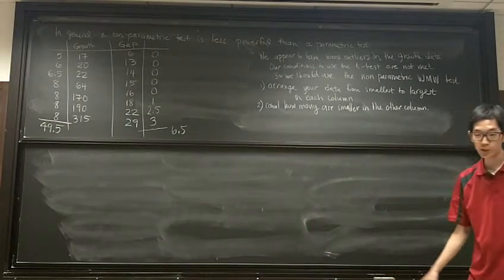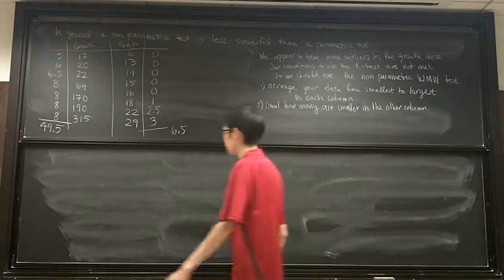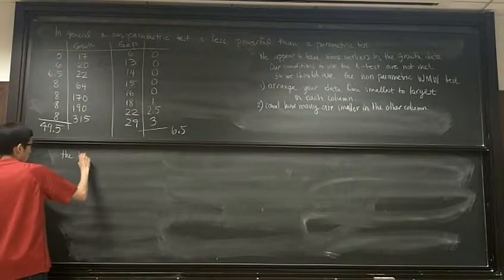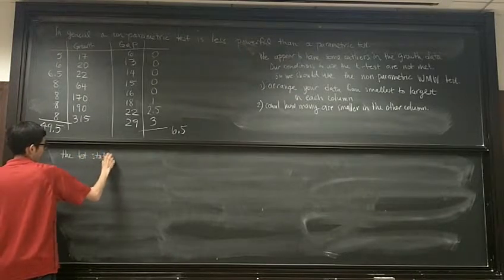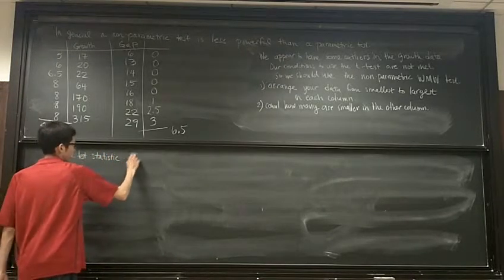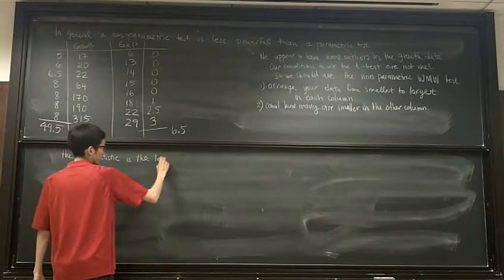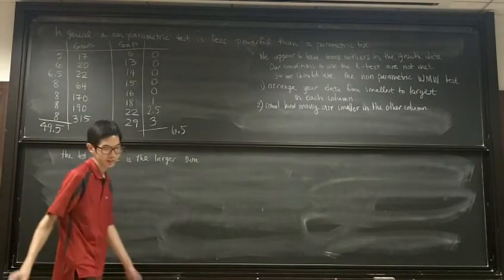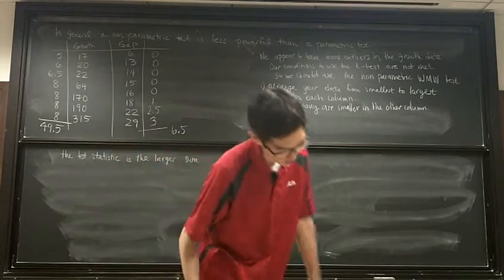And then we just take the larger number, and this becomes our test statistic. The larger sum. And the symbol they use for this is a U.